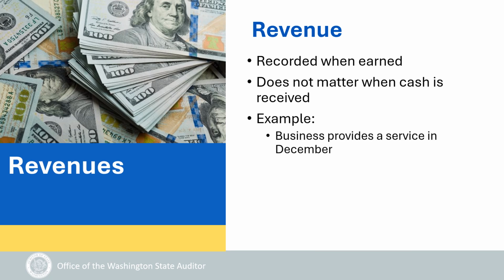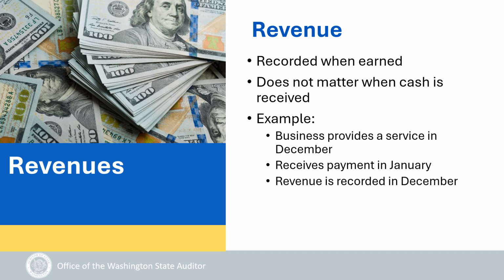So let's say a business provided a service in December, but they are not paid until January. The month the revenue was earned was in December. That's when they did the actual work and fulfilled their part of the agreement. So under accrual accounting, they record the revenue for that transaction in December because that's when they earned it. It does not matter that they weren't paid until a month later.